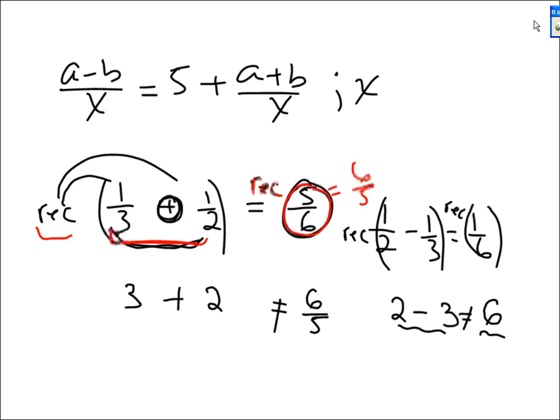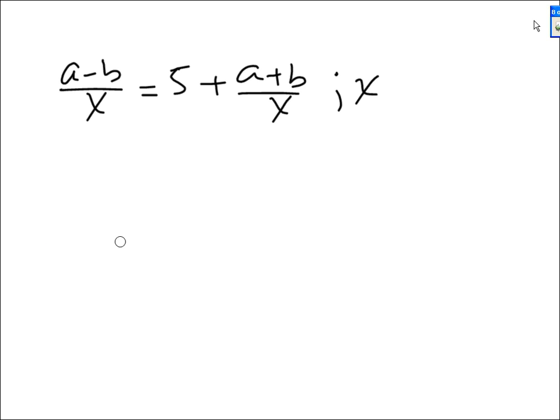So that's the problem we're having here. We just can't go and say, oh, x is in the bottom. I see x in two places. They're in the bottom. So I'm going to take reciprocals. The reciprocal of the left side might be this. But the reciprocal of the right side, thinking of this as 5/1, is not 1/5 plus x over a plus b.